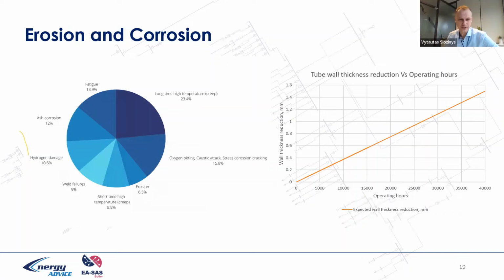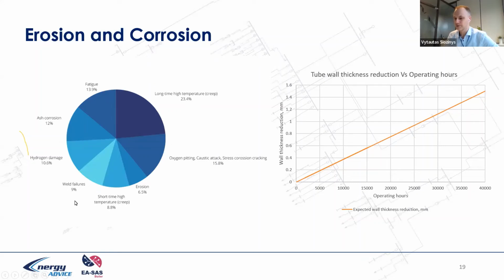And so erosion and corrosion. When we look at the distribution of long-time high temperature, it's the temperature impact, flue gas recirculation and fuel supply control. Ash corrosion, yes, this is related only to the fuel.